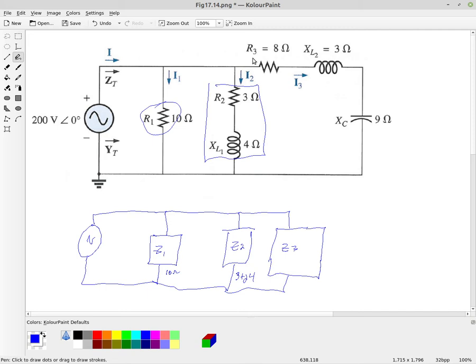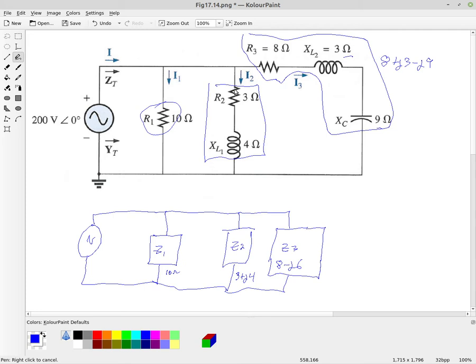And Z3 is the 8 ohm resistance, the inductive reactance, the second inductive reactance, and the capacitor reactance. So Z3 now is going to be 8 plus J3 minus J9, so that's simply going to be 8 minus J6. Okay. So these are our three impedances.